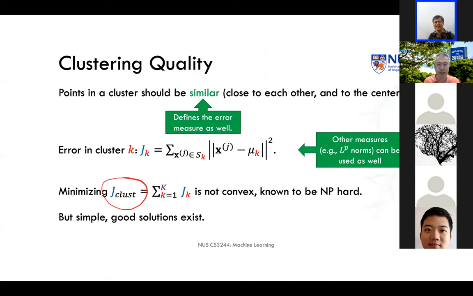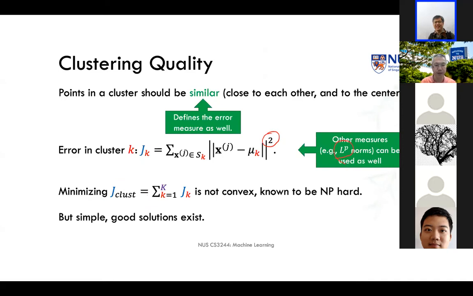The error for a particular cluster looks at all of the data points and sees how far they are from the center. If I square that using an L2 idea, so I have a squared penalty, then the farther away from the center you are, the worse it gets, and quadratically so.